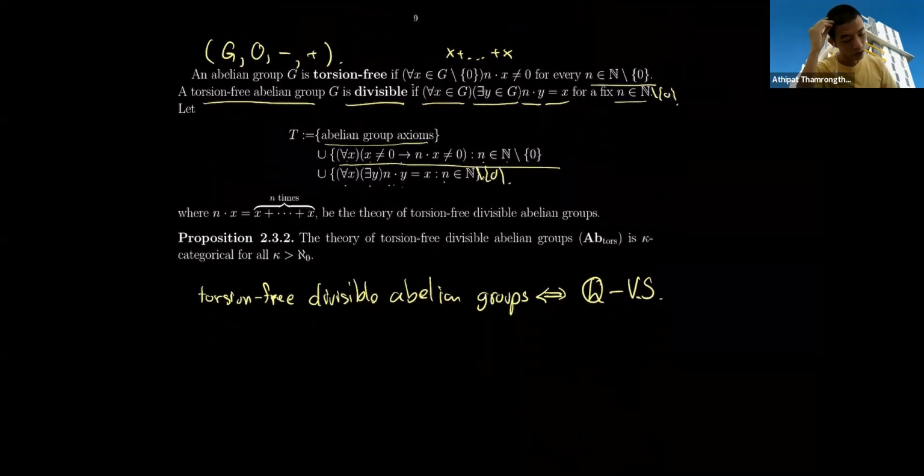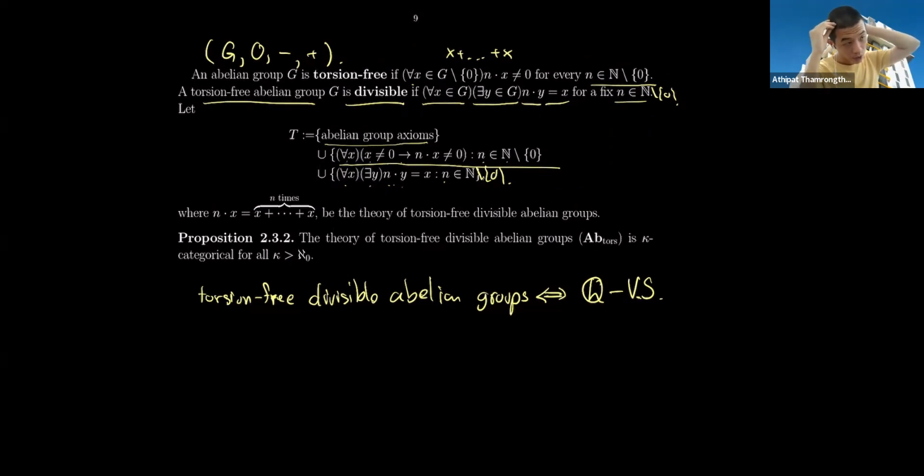You can consider it as a vector space over Q. Why is that?